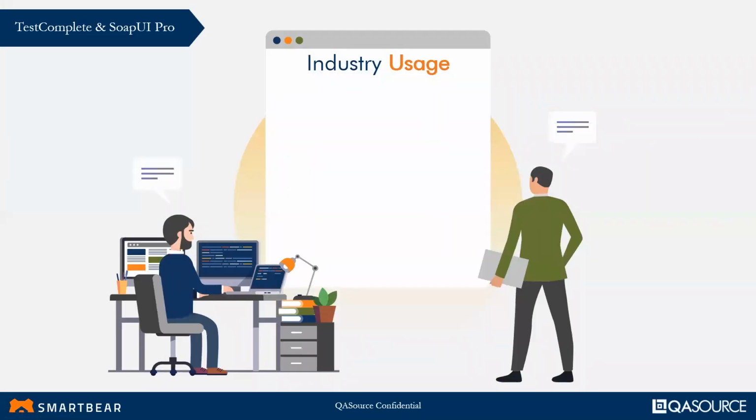Let us take a look at the industries or product domains where these tools have helped us so far. There are multiple industries where we are dealing with both UI and API testing requirements. Some of the key domains where these tools have helped us are the financial domain, where we've automated one of the complex and data-intensive applications.